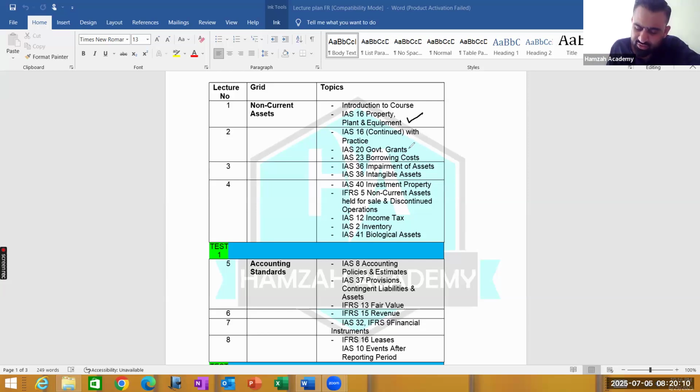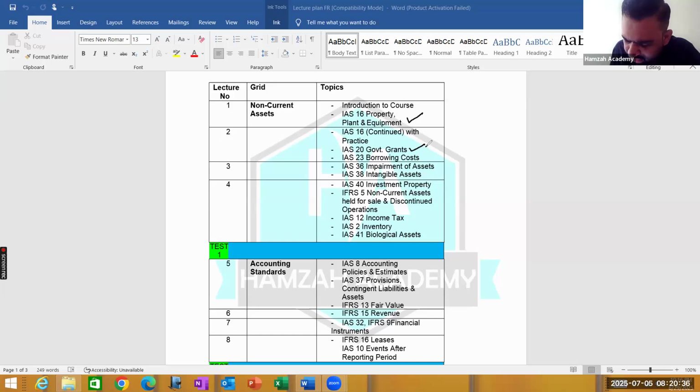The next topic we will cover after property, plant and equipment, IAS 16, would be IAS 20. IAS 20 is an accounting standard for government grants. Now, what is a government grant?